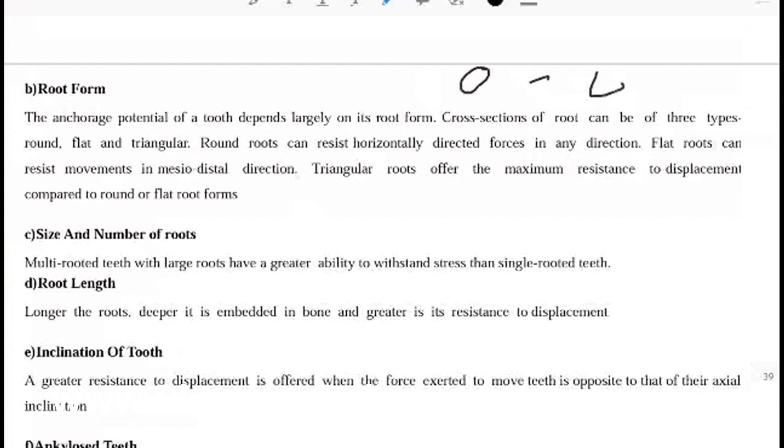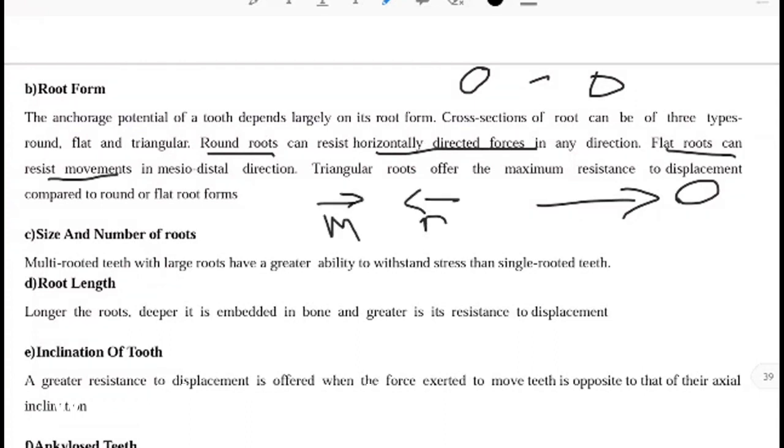Okay, so when we come to root form, round roots can resist horizontally directed forces in any direction. If the force is coming in a horizontal direction and the tooth has a round root form, it can resist forces very easily. Flat roots can resist movement in the mesio-distal direction.